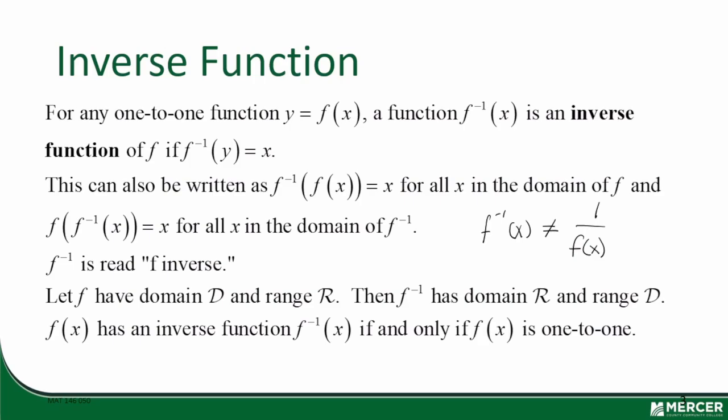So a great way to test if a function even has an inverse is to check to see if it's 1-to-1. If it's not 1-to-1, it has no inverse, so there's no point in trying to find it. That means the function x squared does not have an inverse. It's not 1-to-1.